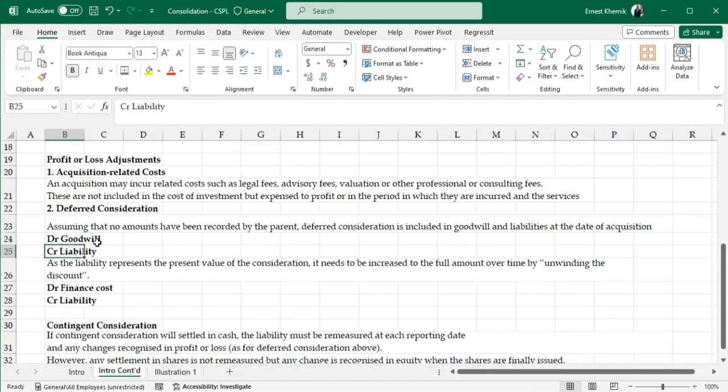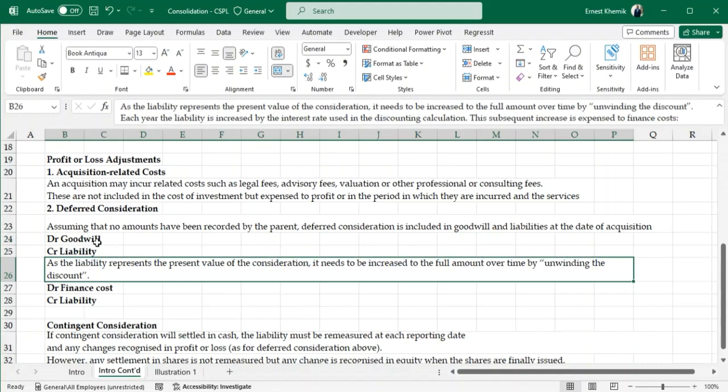Now, the liability, as I said, represents the present value of the consideration. And so, what we do is that we unwind the discount. Unwinding the discount here means that we are going to strike the percentage, the cost of capital of the company or of the firm, by the present value of the consideration, taking into account the period between the time the deferred consideration will be paid and the financial reporting date.